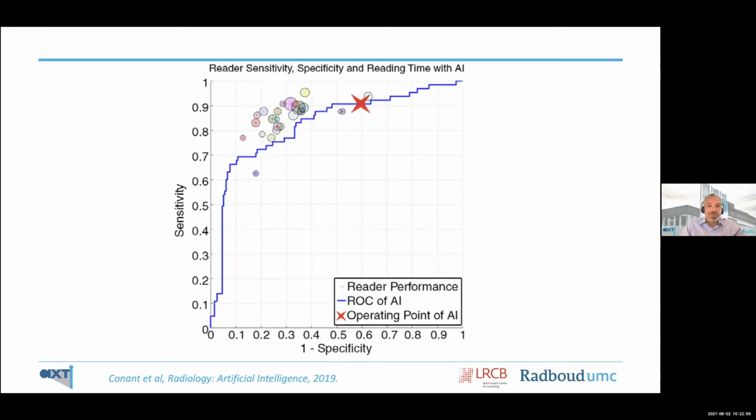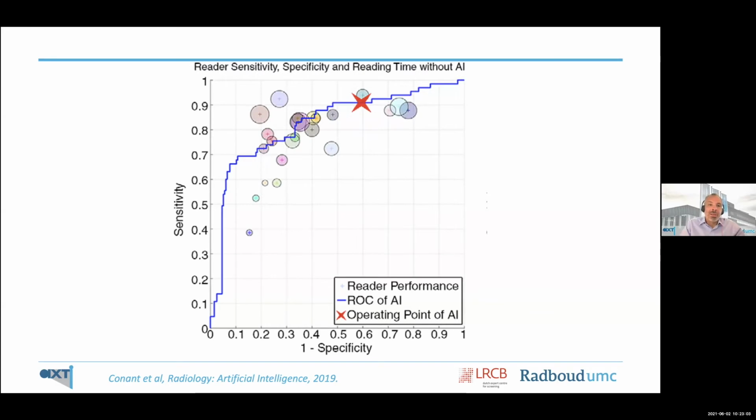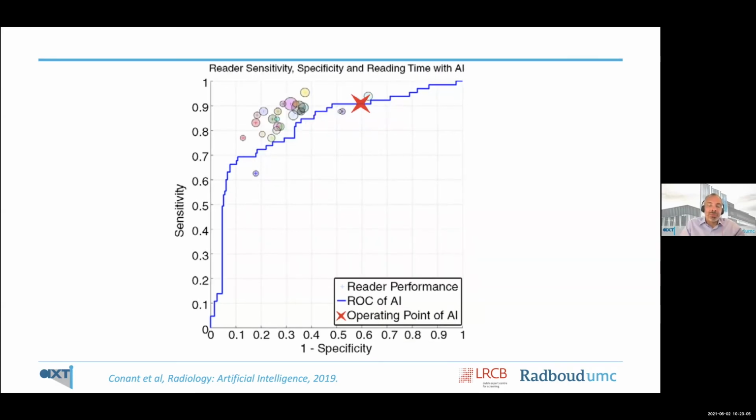And if I move to the discs, the performance of the readers with the AI, you can see mostly they all move to the top and the left, which means they do better. And the size of the discs is the reading time, and they all get smaller and they all get bunched up closer together, which means they become more consistent across readers. So in essence, everything goes in the right direction.